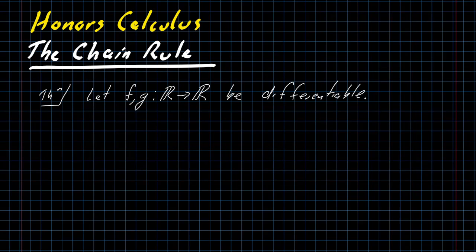To start the chain rule, we're going to need a couple of differentiable functions, f and g. Sometimes you'll see this referred to using functions u and v instead, but I think f and g are a little bit easier to work with.